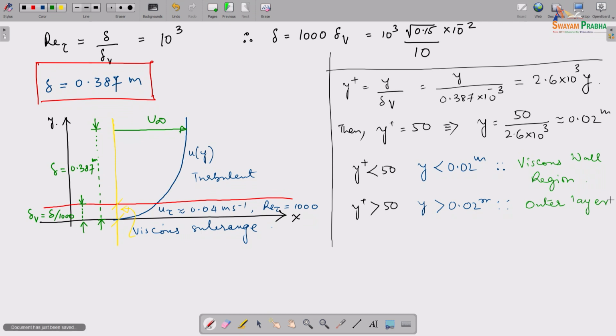Then if y plus is less than 5, which means y is less than 0.002, this is the viscous sublayer. So if you see in this problem, what was our delta V?